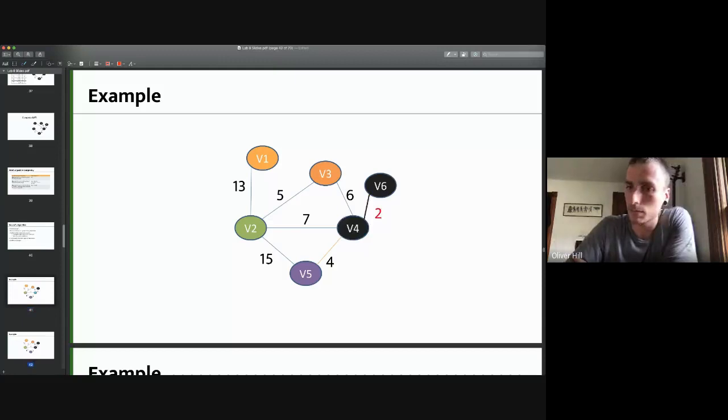Now, as people said, we're going to add the V4, V5 edge because now 4 is the cheapest edge in the graph. And we know that this edge is not going to add a cycle. So that is what we will add next. Okay, what's next?